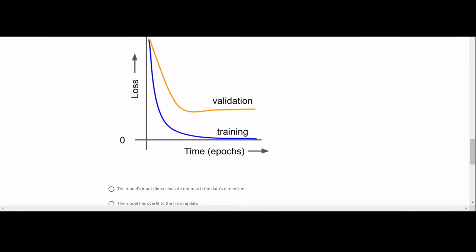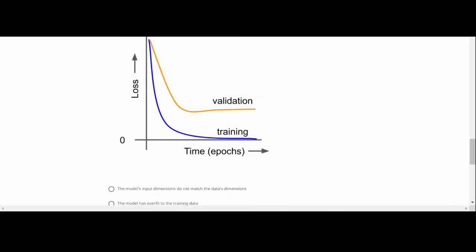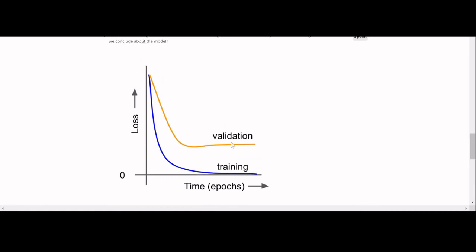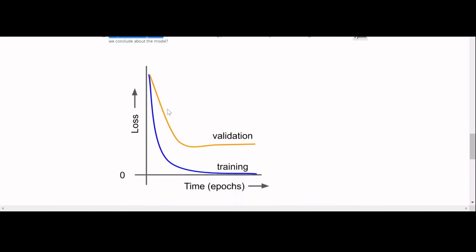What is the question? We will first go to the question, and then I can show you what exactly they want from us. You plot the training and validation loss over the training period of a model, and you see the following; what can we conclude about this model?